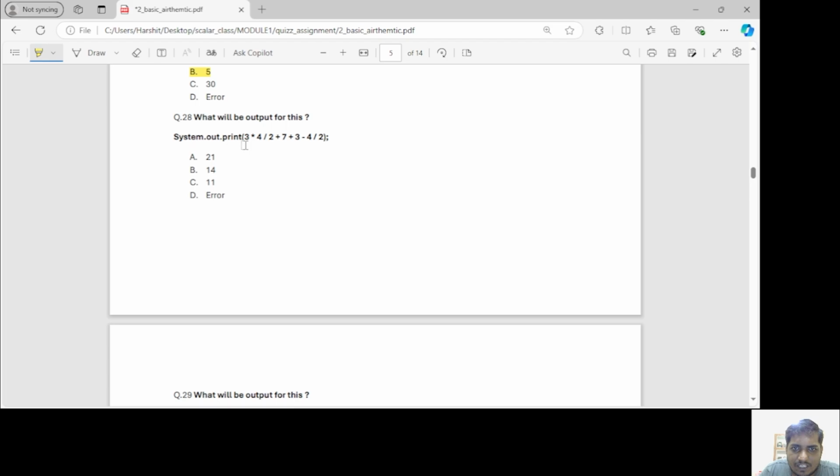Similarly for question number 28, just see the questions very carefully. The braces are given. In the braces, multiplication has the priority. 3 4s are 12. Okay, 12 divided by 2 means 6. 6 plus 7 plus 3 minus 2.